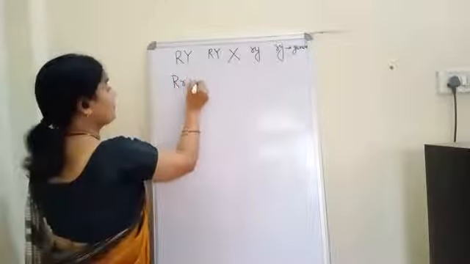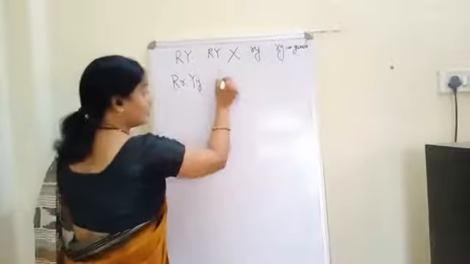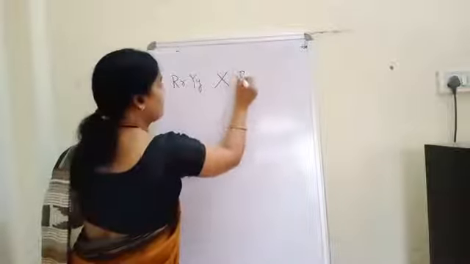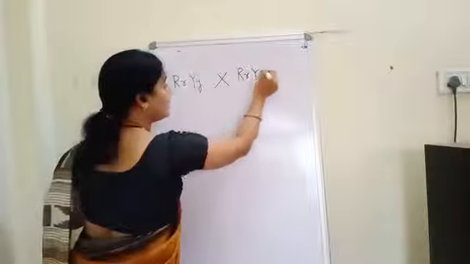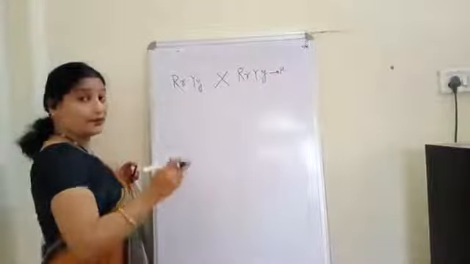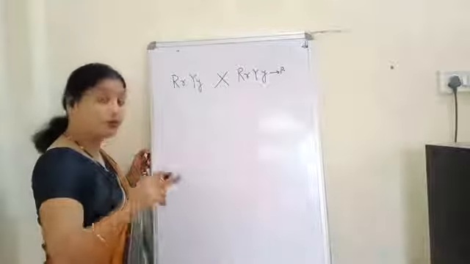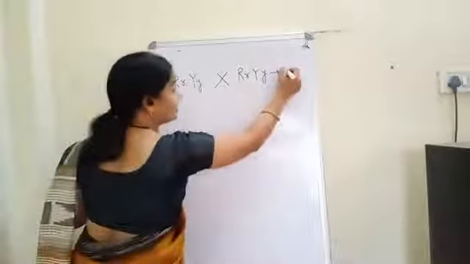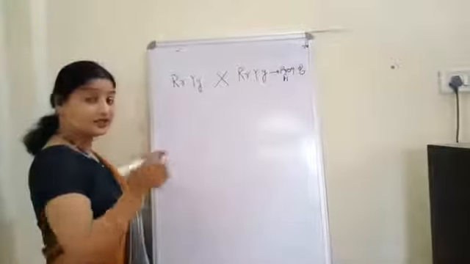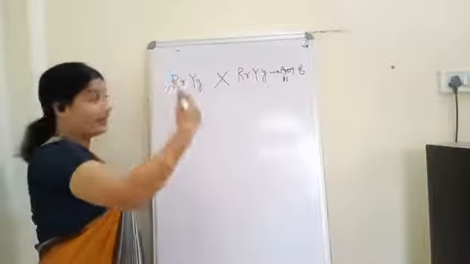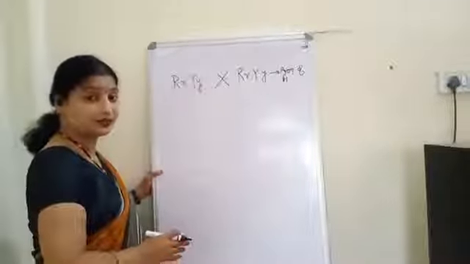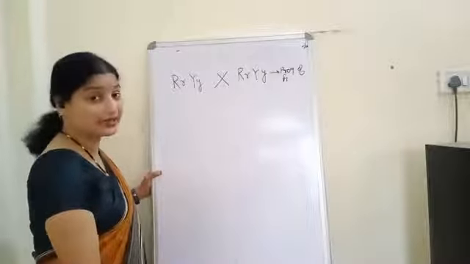RrYy crossed with RrYy. Now they will become the parents for the F2 generation, because they are the progeny of the F1 generation. In the first generation, there were parents, and after that the offsprings of the parents. So they are first generation offsprings, and they will become the parents for the second generation.